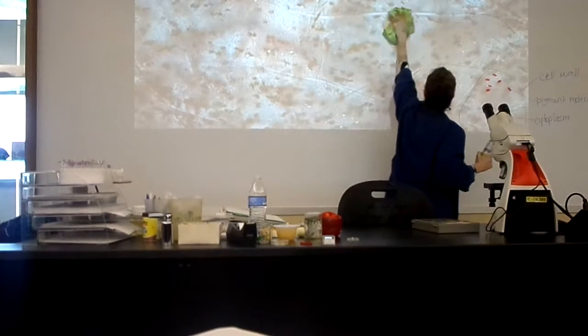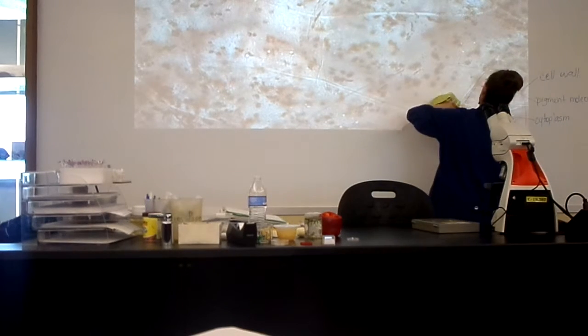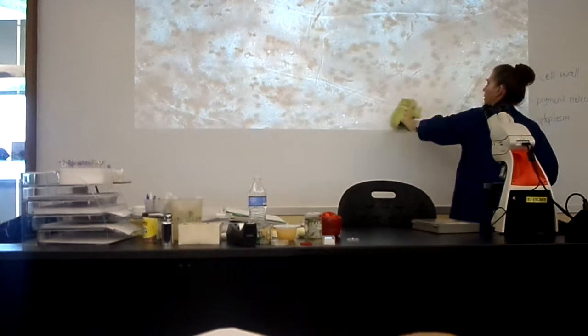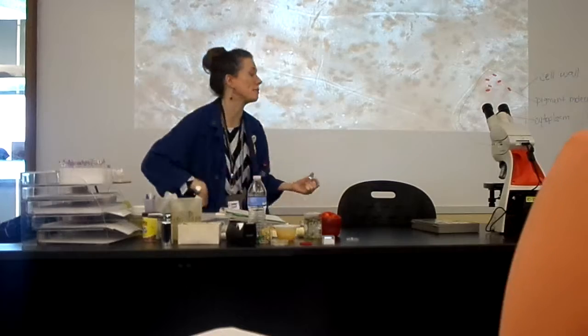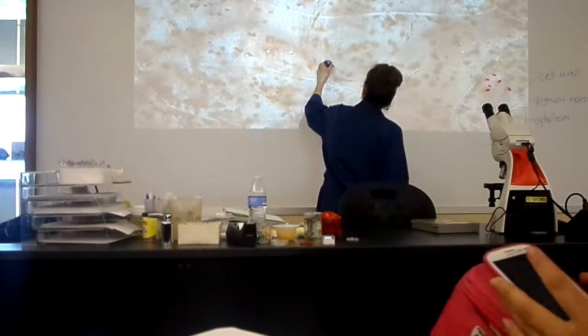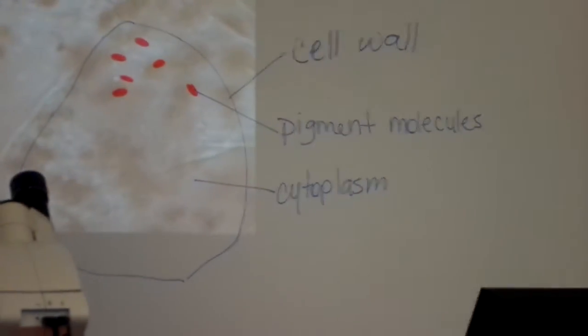So everything that you see in this field of view, okay, here's just one little cell of that bunch. The entire tissue that you're looking at is called parenchyma. So what you're looking at is a tissue called parenchyma. It is a storage tissue. So that'd be like the whole thing? Everything that you see in this field of view is parenchyma.